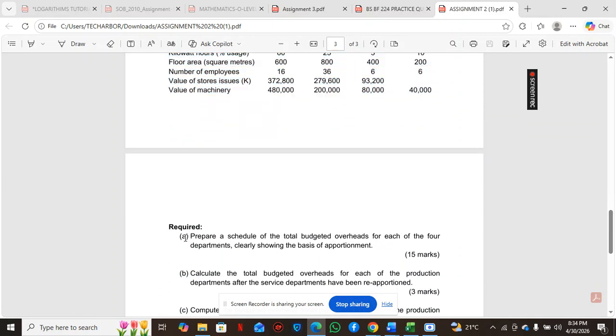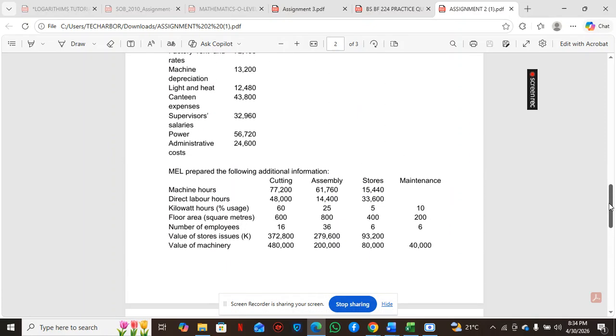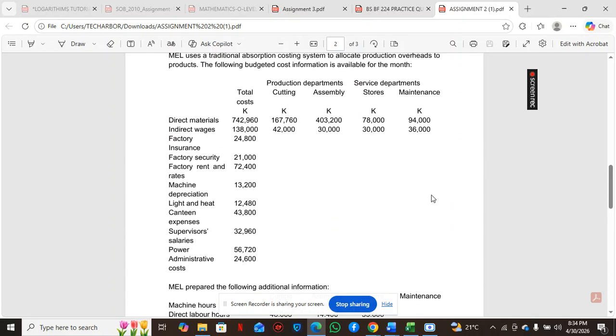Okay, so A, prepare a schedule of the total budgeted overheads for each of the four departments, clearly showing the basis of apportionment. Colleagues, what we mean by apportionment is we are sharing out the overheads.